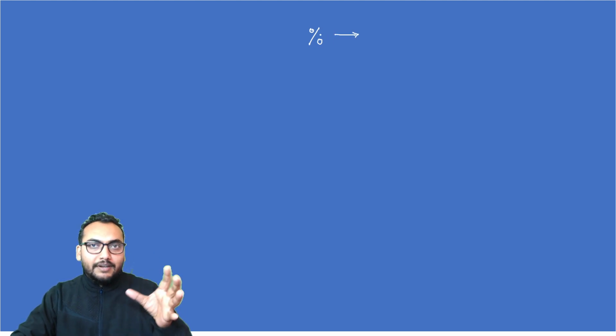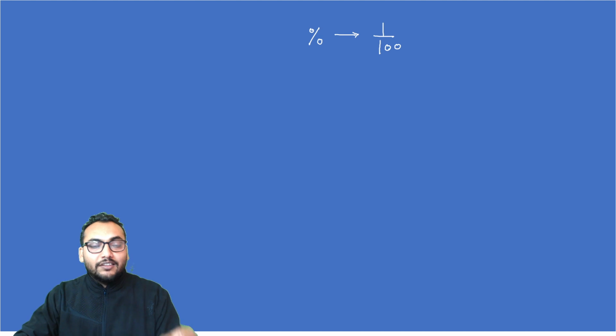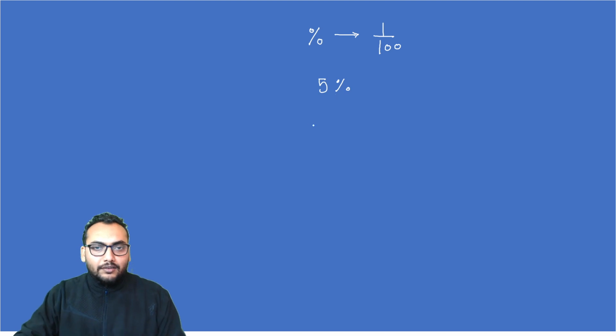Basically we can represent percentage by this sign. So this is the symbol of percentage. This sign can be converted into 1 upon 100. So if I'm writing 5%, that means here the percentage sign and 5 are in multiplication.